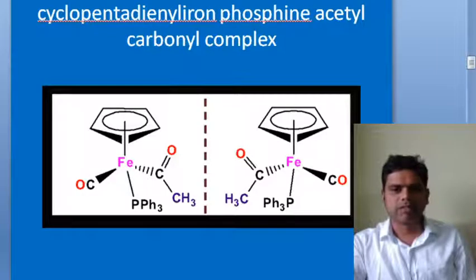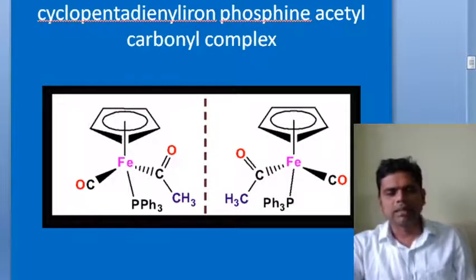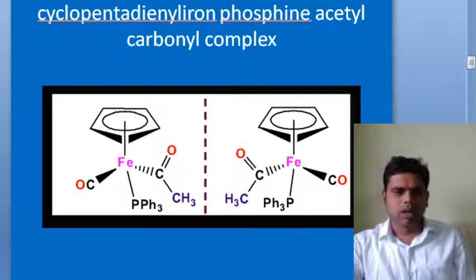Here its mirror image, you just go for writing it in any form. As it is tetrahedral, retain the geometry and write its mirror image, both will form optical isomers.